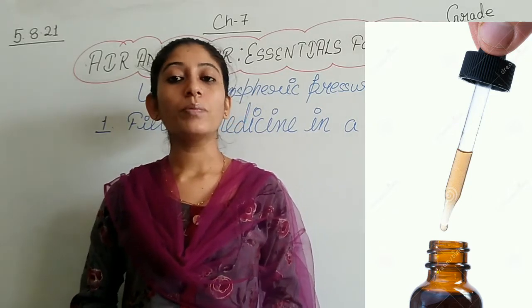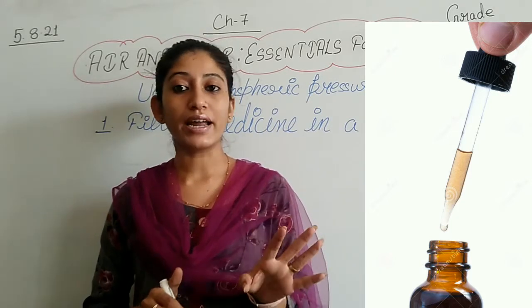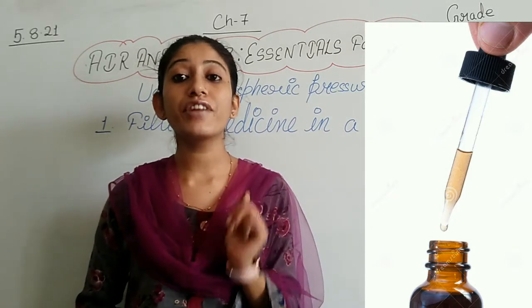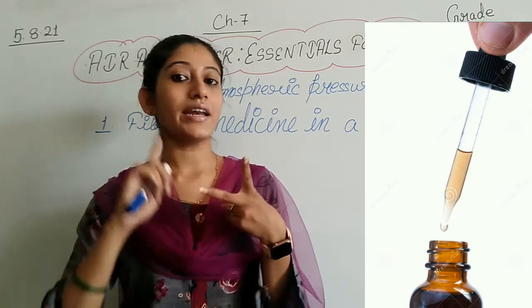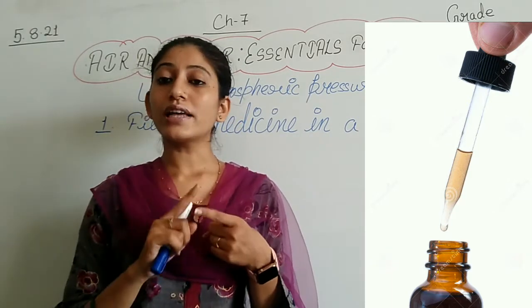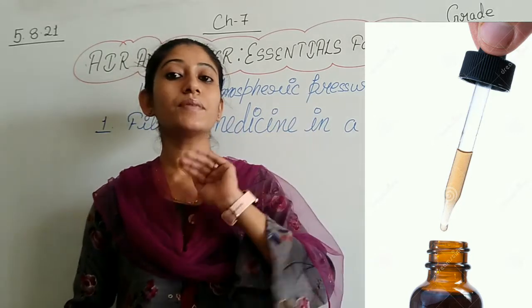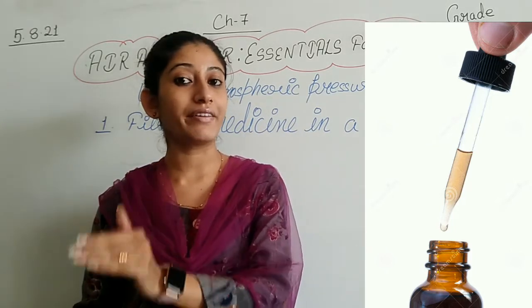Okay, I hope you all are getting how the filling of medicine in a dropper takes place. This is due to the difference in atmospheric pressure inside and outside the dropper. As soon as we press the rubber of the dropper, air comes out and the air pressure inside the dropper decreases.